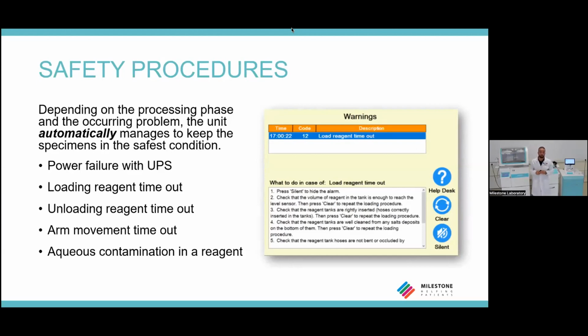And if the operator is not present after 20 minutes, the processor manages the sample safety by itself. There's the possibility, it depends on which kind of problem occurs. Here we have a list of 5 safety procedures that occur if there's some problem with the processor.